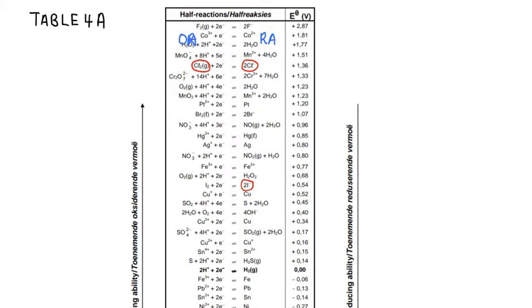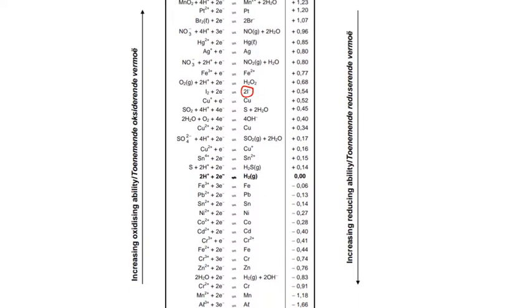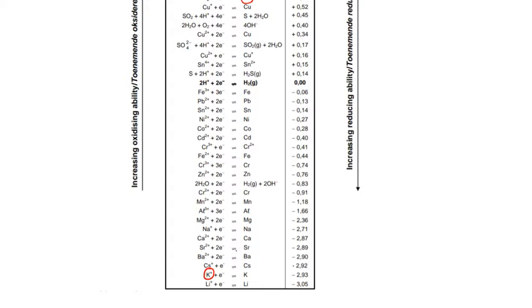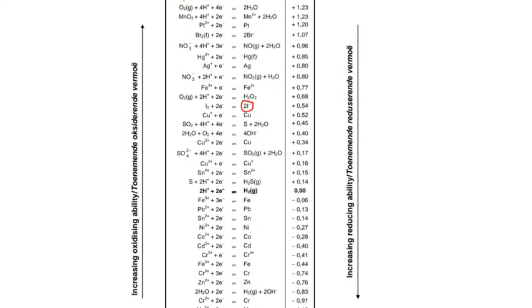So immediately certain things are out. The chlorine gas itself as a reducing agent is out because it is on the oxidizing agent side. It's an oxidizing agent. And the potassium ions are also out because they are oxidizing agents, not reducing agents.